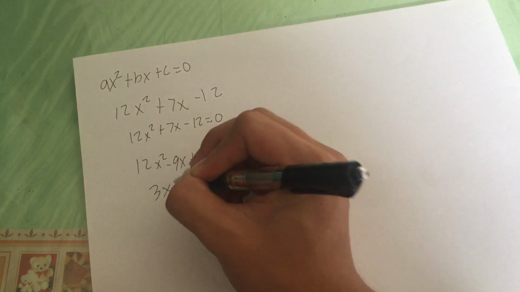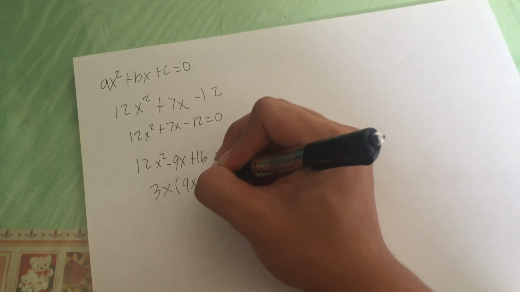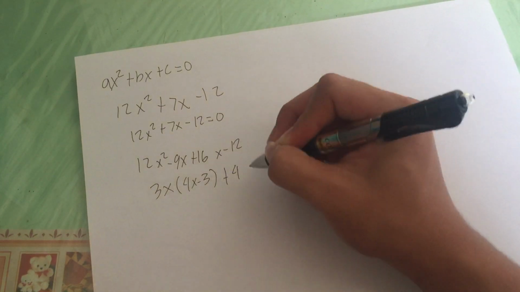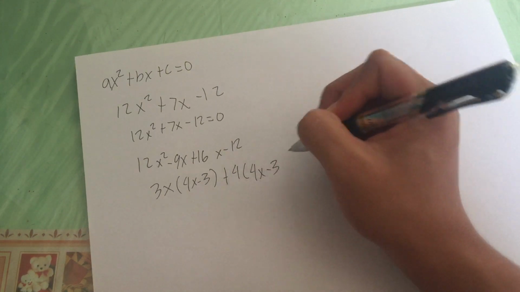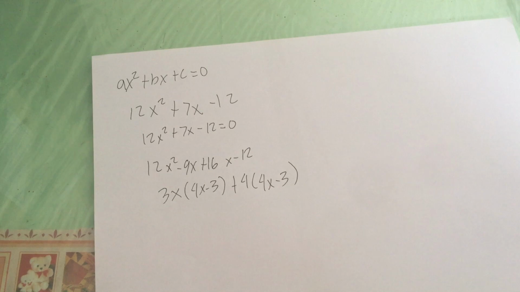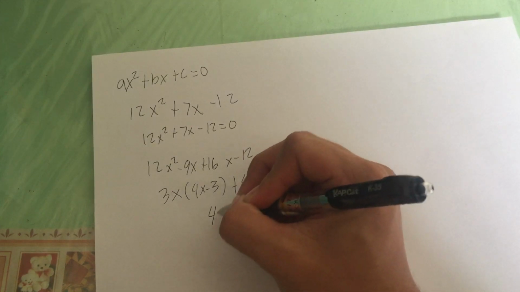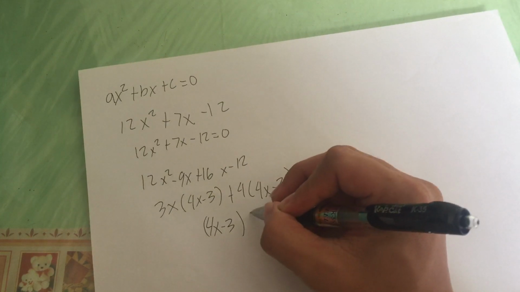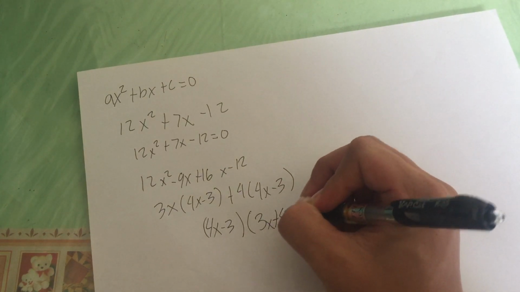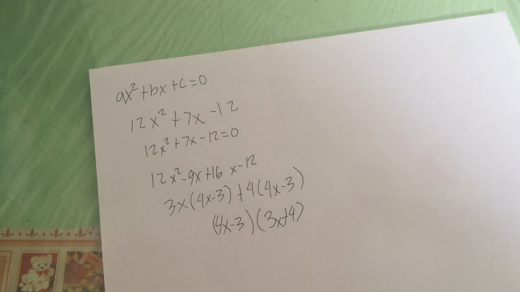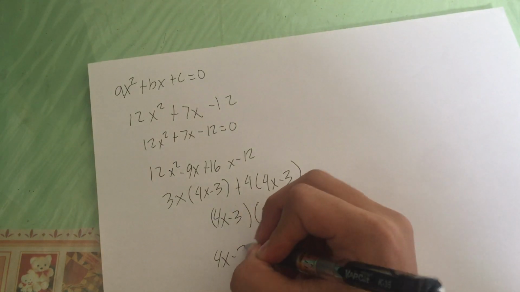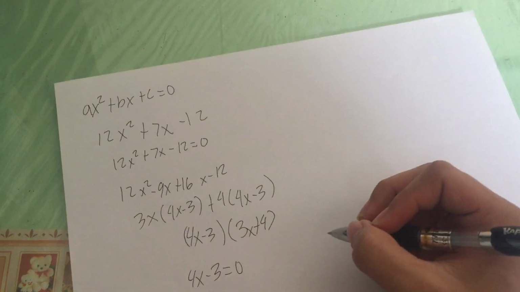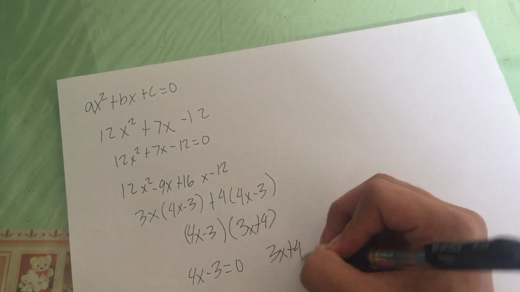So 3x and 4x minus 3, plus 4 and 4x minus 3, which will then lead to 4x minus 3 and 3x plus 4. And when you combine them, it will be 4x minus 3 equals 0, and 3x plus 4 equals 0.